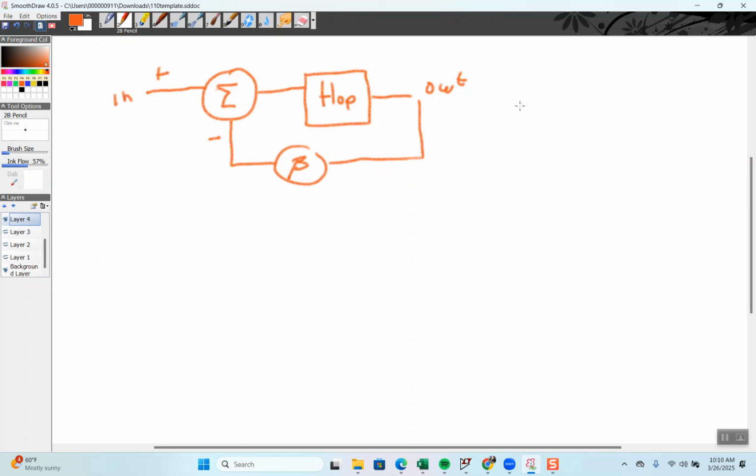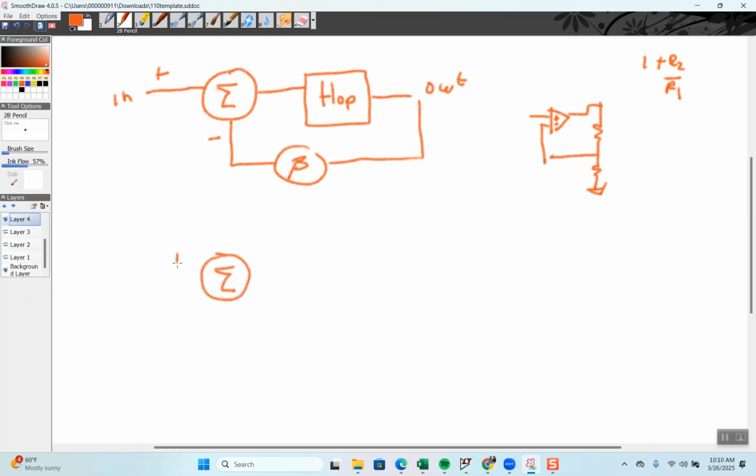And I'm going to draw it the way that more closely matches. Okay, and so this is the signal flow graph for an op amp based circuit. And really, ideally, this is the gain.